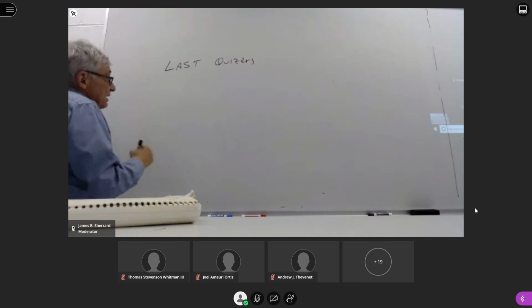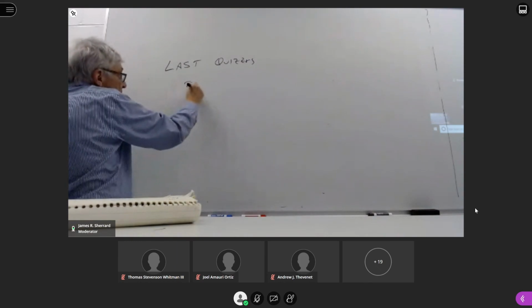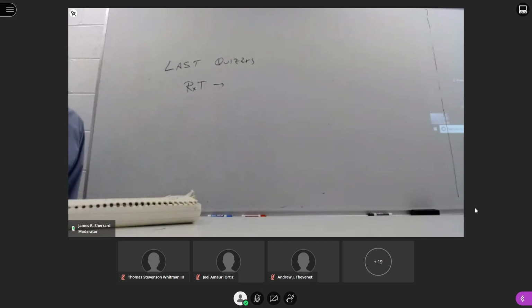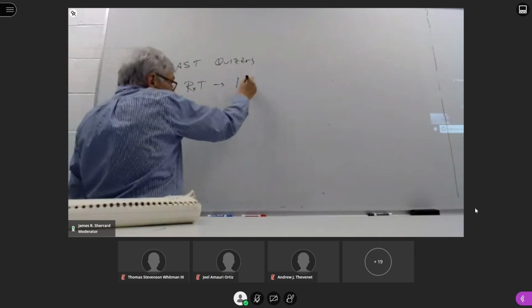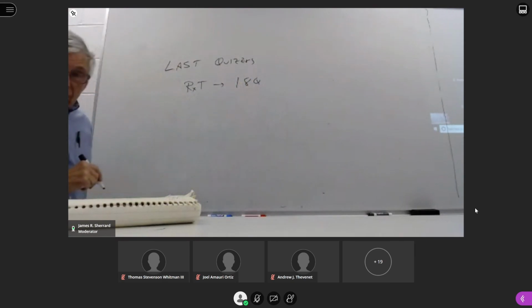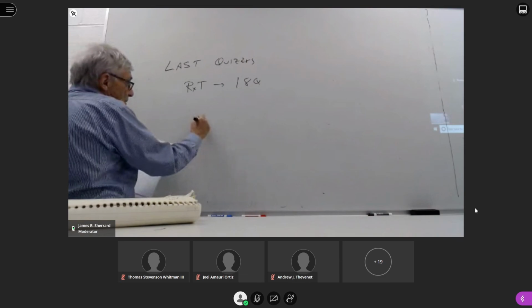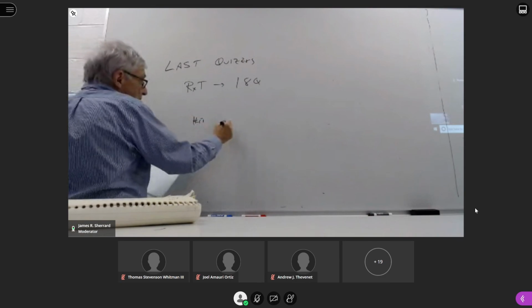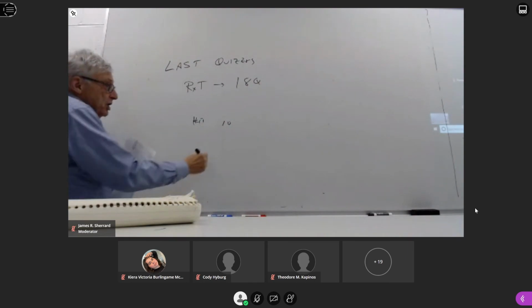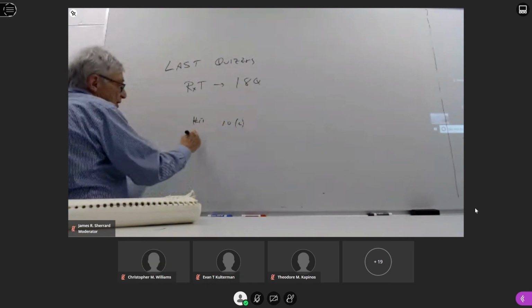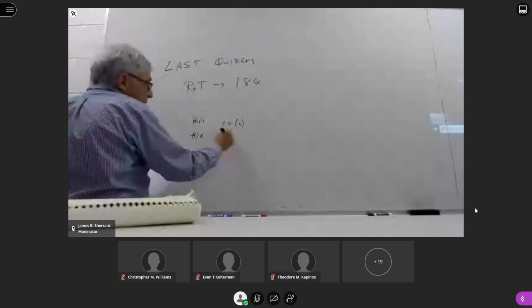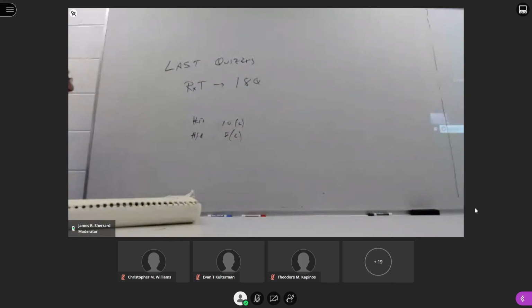So if I look at reactor theory, when you turn these in and I grade this, you will have had 18 quizzes. For example, quiz number 17 was 10 points, plus you had the possibility of 2 more. Quiz 18, you have 8 points plus the possibility of 2 more.